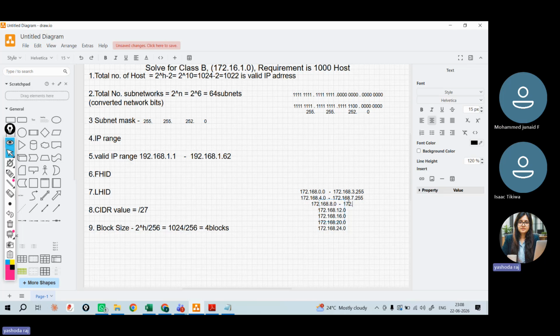Next, the previous IP is 11.255. Yes. For this, 15.255. Good.